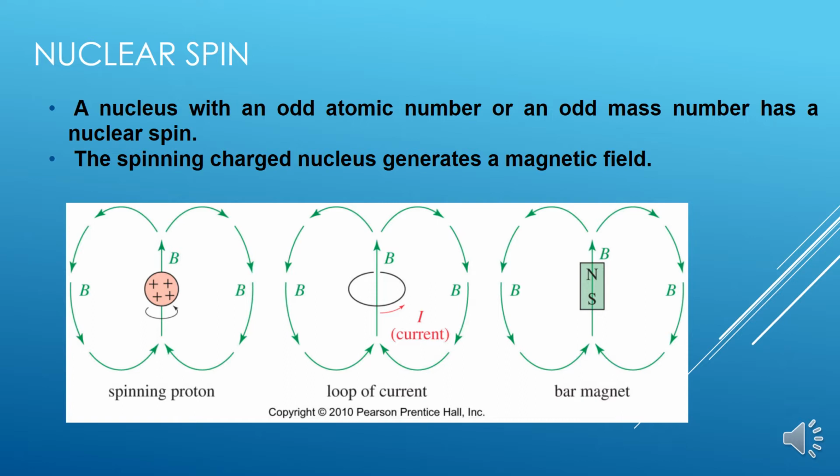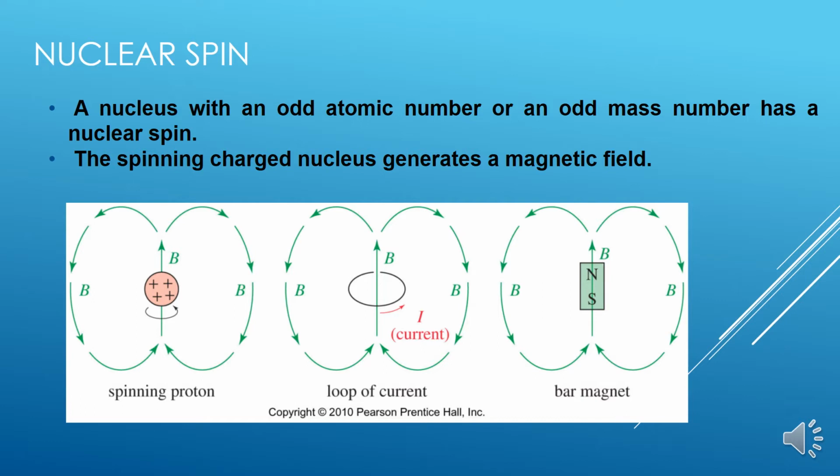So the nuclei of atoms with an odd atomic number of protons or neutrons have permanent magnetic moments and quantized nuclear spin states. This means these types of atoms behave as though they are small magnets spinning on an axis.